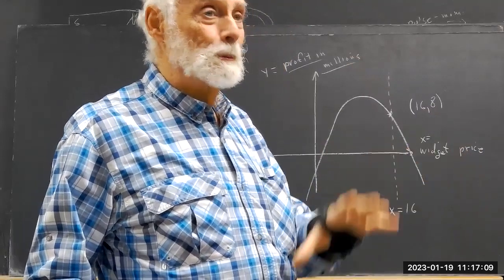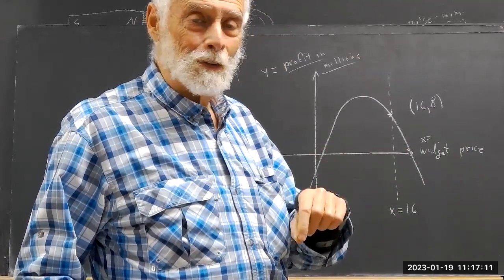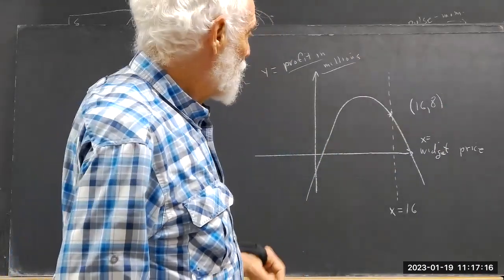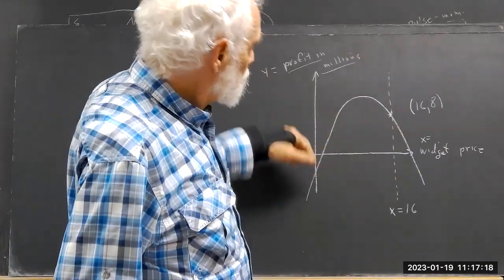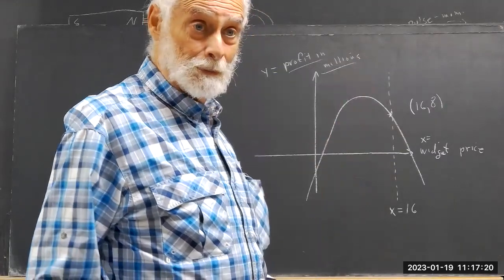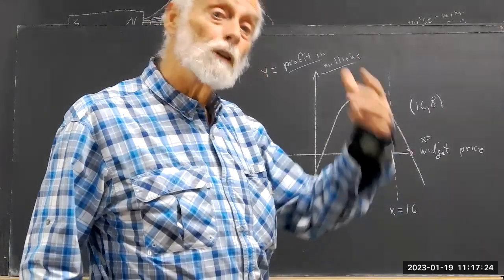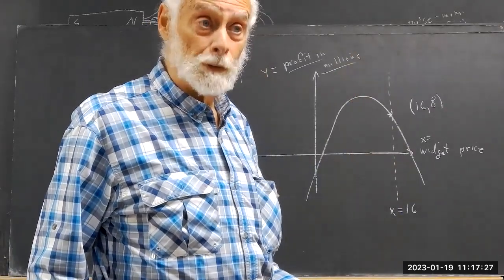You at least want to put the price higher than what it costs you to produce the widgets. And you want to put it somewhat higher than that. So you want to estimate where the peak of this curve is, because that's going to give you the widget price that gives you the maximum profit.